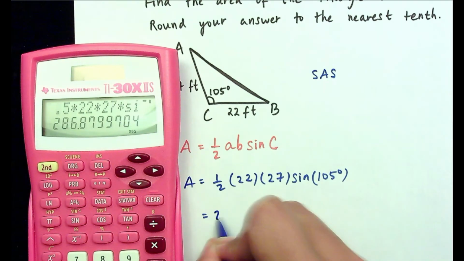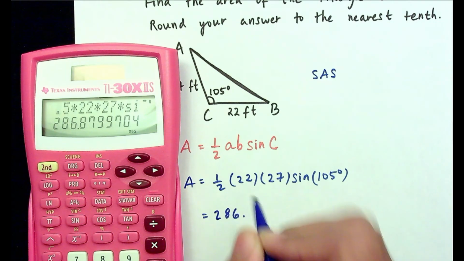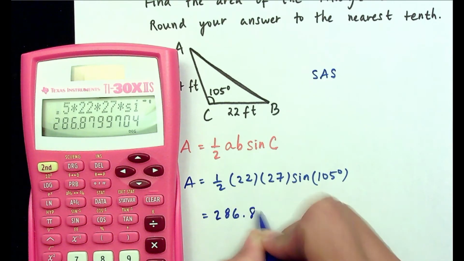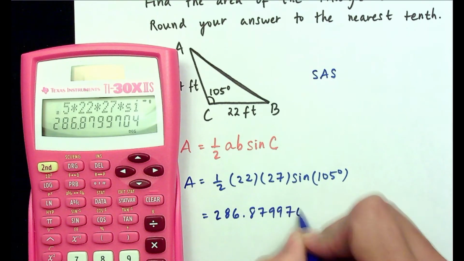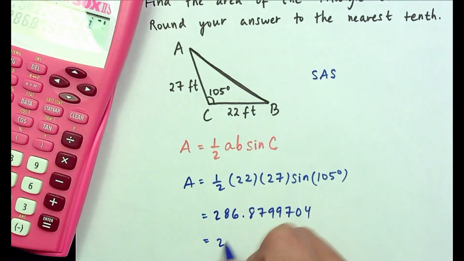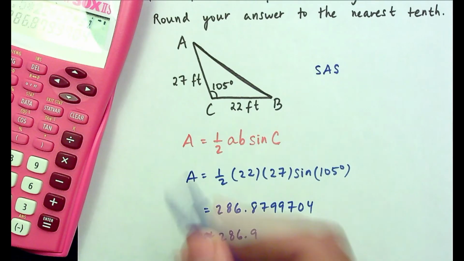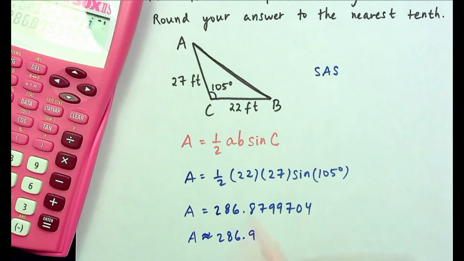So we get 286.8799704, and rounding to 1 decimal, that would be 286.9. And this is what? This is square feet.